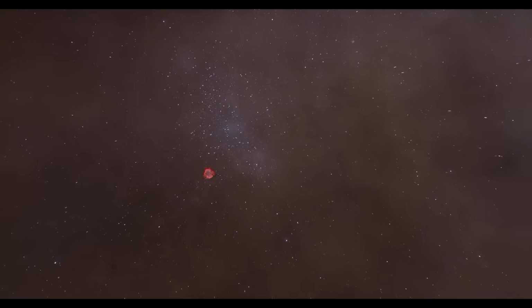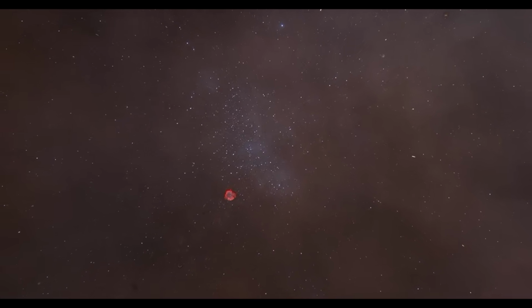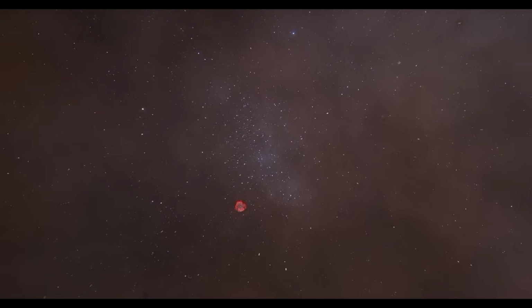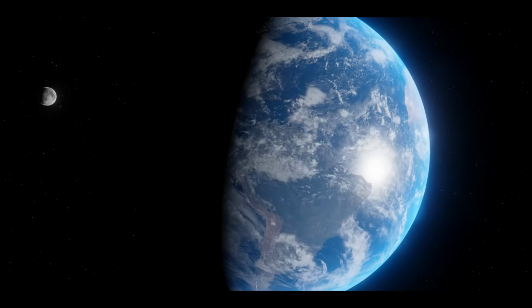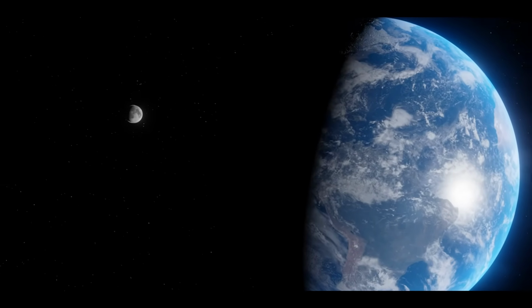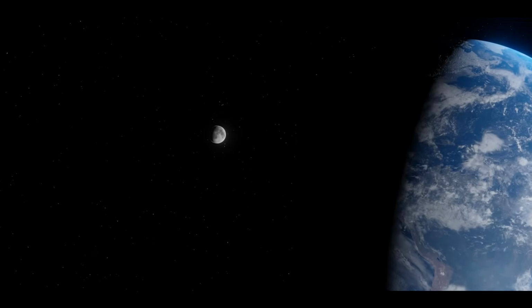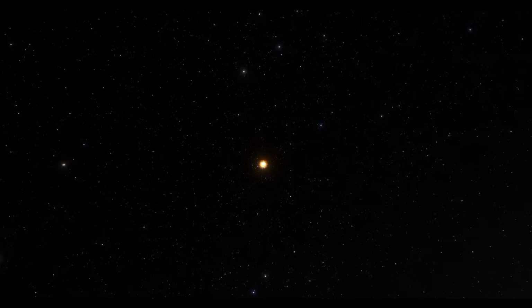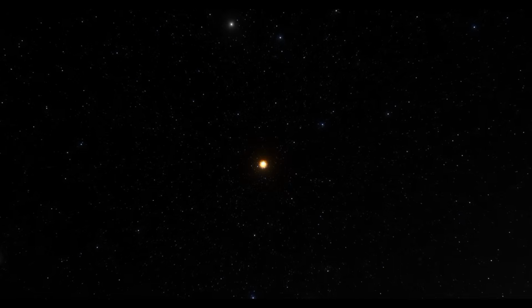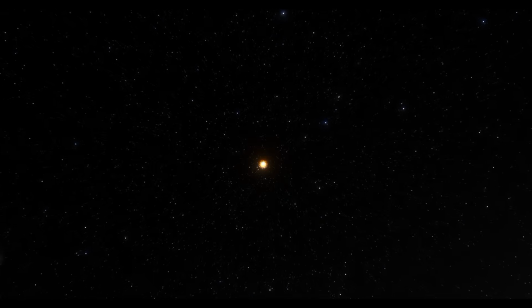On Mars, a thin atmosphere means dramatic fluctuations between sunlit and shaded areas, making thermal gradients too extreme for liquid water to persist on the surface. These examples show how finely tuned the thermal environment must be. Not just warm, but layered, dynamic, and sustained.